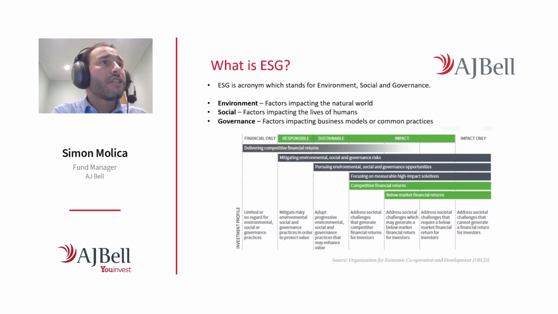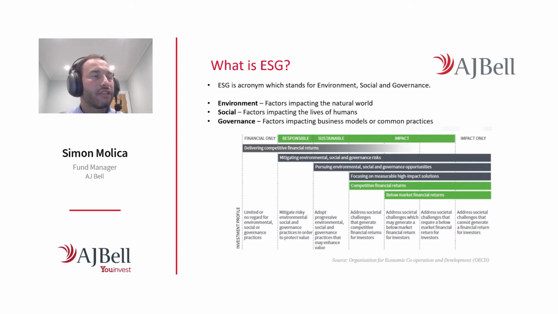Then we start graduating towards using ESG credentials in investment processes. The slide is probably missing the ethical column, which I think is the next one. That's all about exclusionary policies, excluding a whole host of sectors, industries or companies that are seen as harmful to people and the planet. And then we continue to graduate up through responsible, sustainable towards impact.